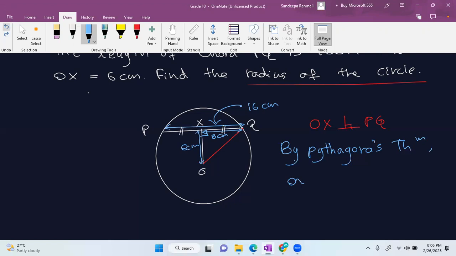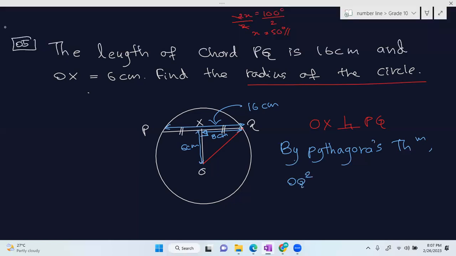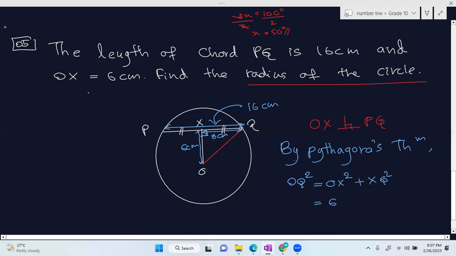OQ squared is equal to OX squared plus XQ squared. Then OX squared is 6 squared plus XQ is 8 squared. Then we have to find OQ squared. 6 squared is 36. 8 squared is 64.